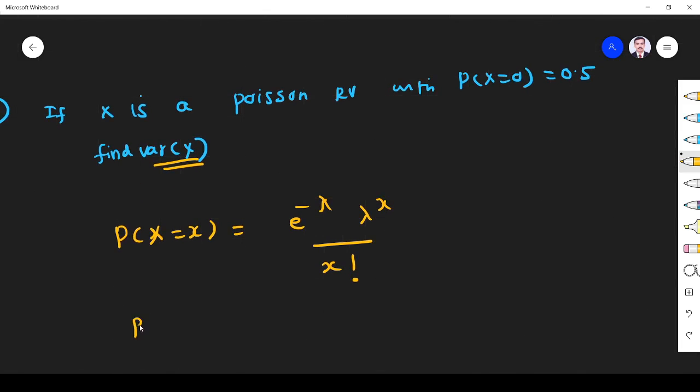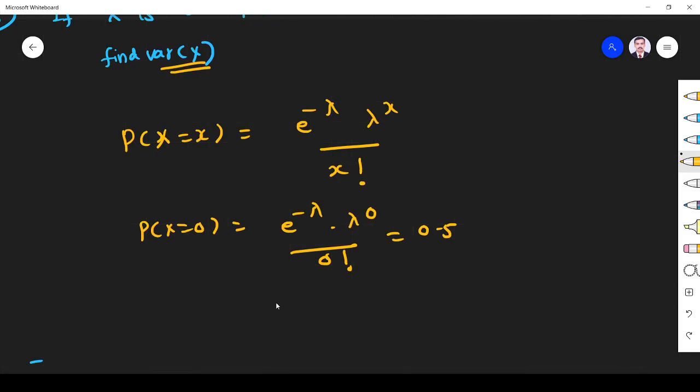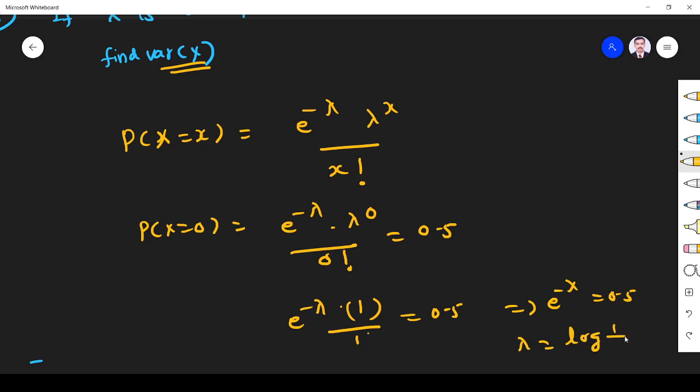So e power minus lambda, lambda power 0 by 0 factorial, is equal to 0.5. So e power minus lambda into 1 is equal to 0.5. This implies e power minus lambda is equal to 0.5. Lambda is equal to log of 1 by 0.5, that is log 2.